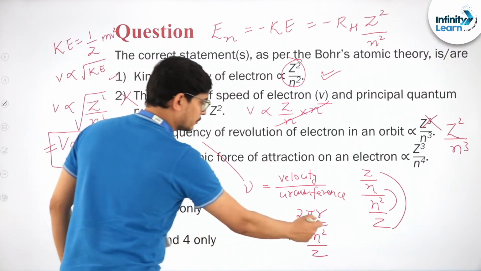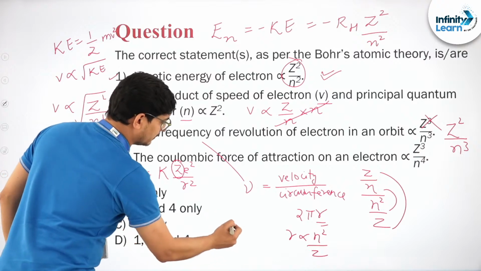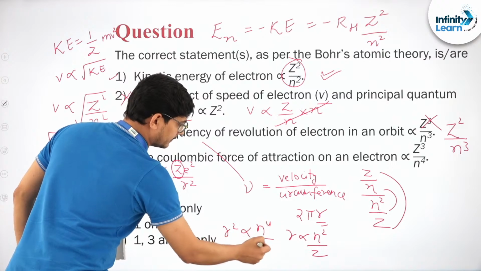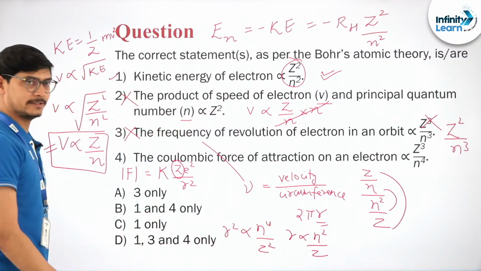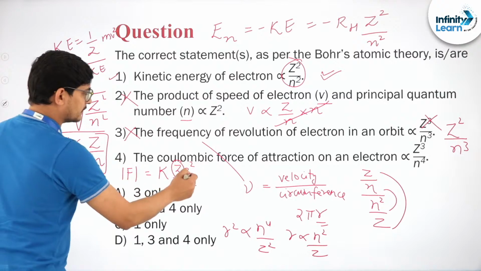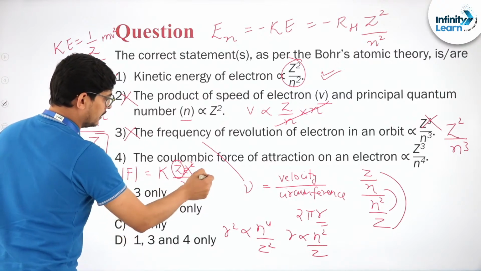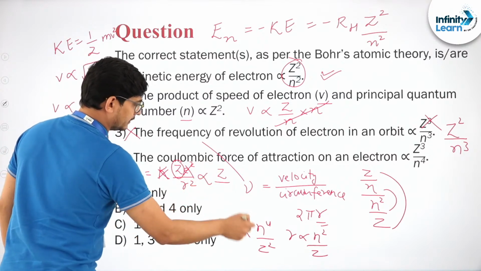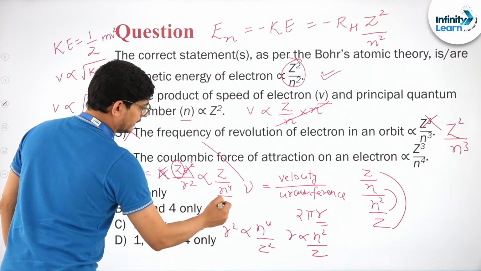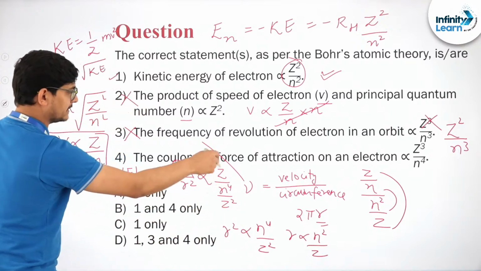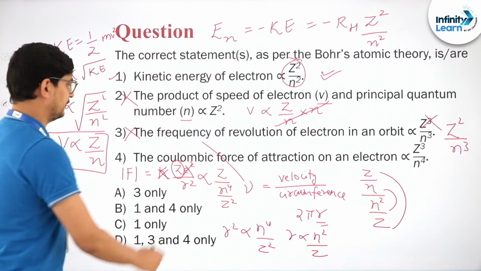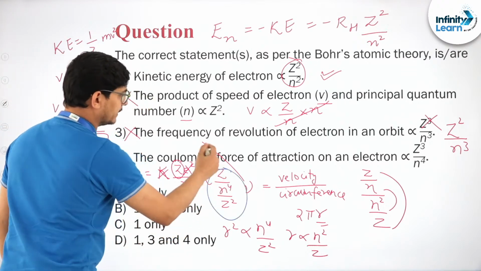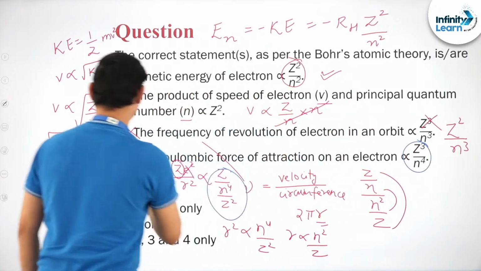Now r is proportional to n square by z, so r square will be proportional to n to the power 4 divided by z square. So the Coulombic force will be proportional to z divided by n4 by z square, which is z cube by n4. Yes, so this statement is correct.